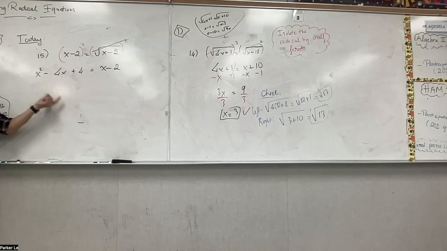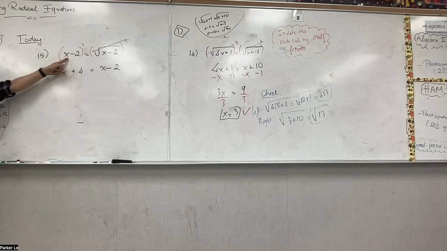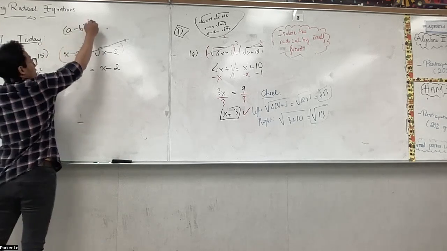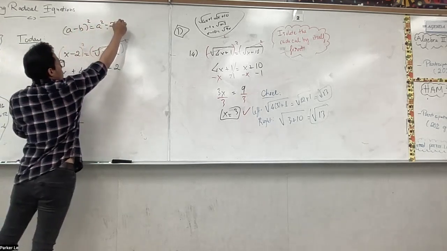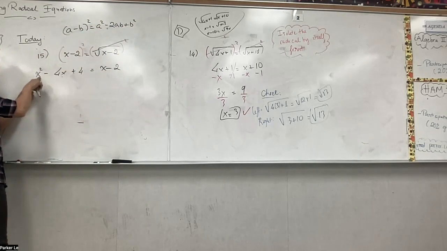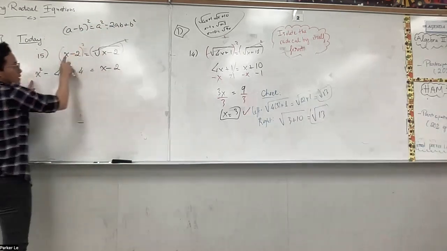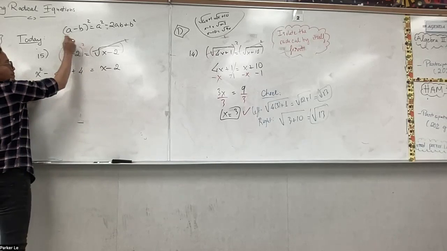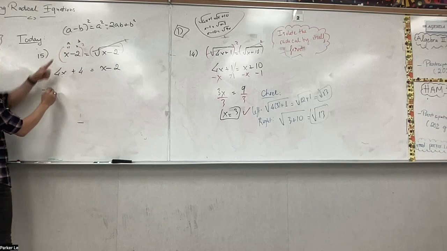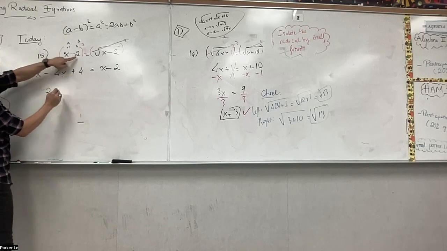So you can do FOIL. Some of you did the formula: a square minus 2ab plus b square. A is x, so a square is x square. Minus 2 times a, which is x, times b, which is 2.